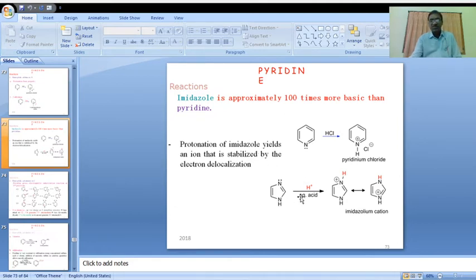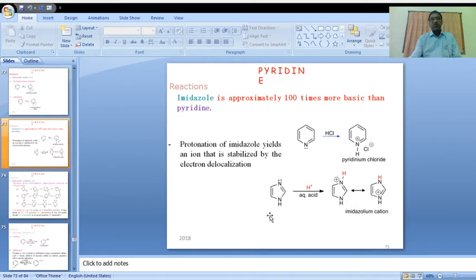Please observe the reaction part. Here, protonation of imidazole yields an ion that is stabilized by electron delocalization. This is the structure of imidazole. Two heteroatoms, nitrogen and nitrogen, are present in this cyclic ring.